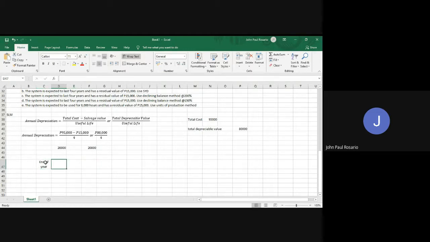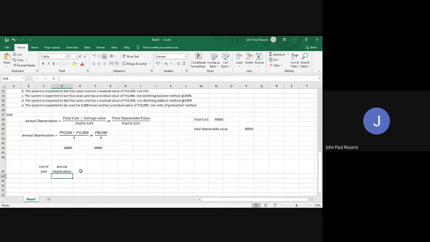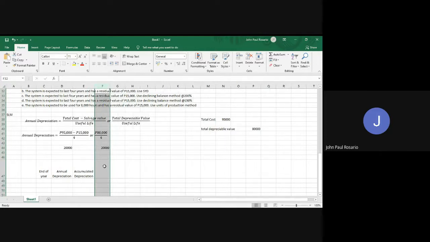And then we have our annual depreciation. Expand that, and then we have our accumulated depreciation. Again, let's expand this. Lastly, our book value.